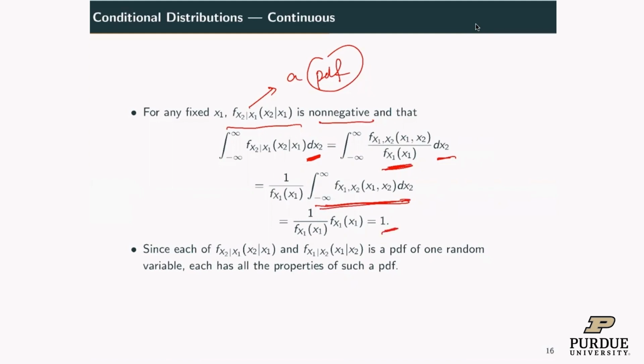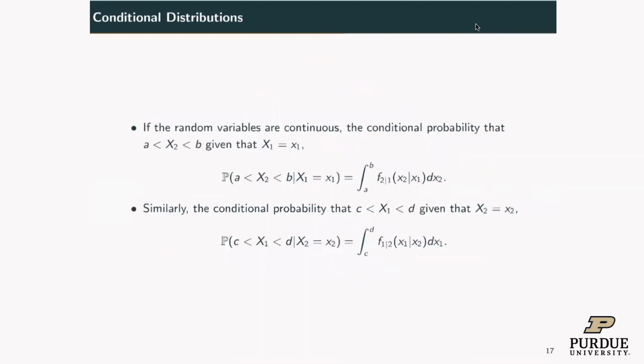So given x1, this f(x2 given x1) is a valid PDF. This PDF is called the conditional PDF. Conditional PDF can be used to calculate conditional probability.